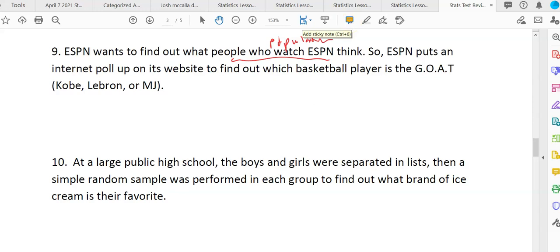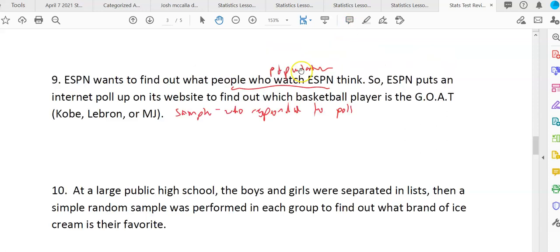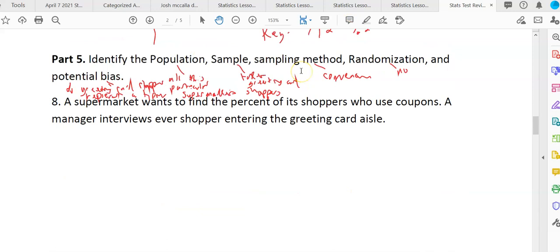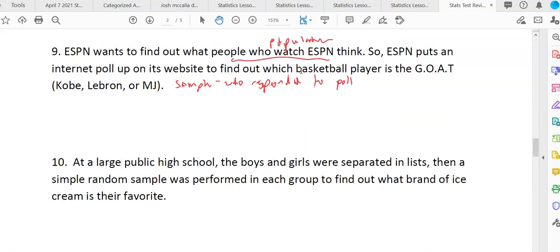The poll or the sample was those who responded to the poll. What was the other questions we asked? Sampling method. Okay, so this is self-selected.